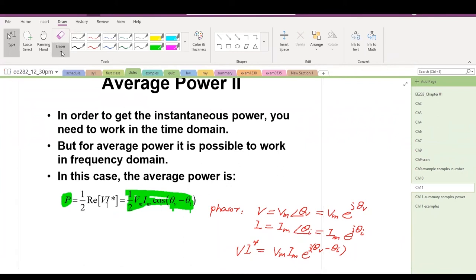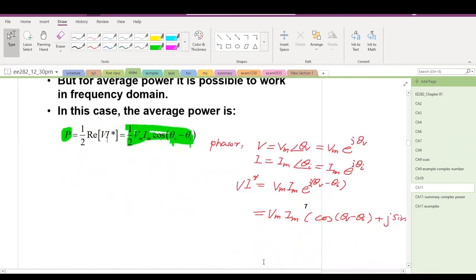Let's see how this is true. We know that in the phasor domain, V equals Vm angle theta V, that's the phasor, which equals Vm e to the power j theta V. And I equals Im angle theta I, which equals Im e to the power j theta I. If we look at V multiplied by the conjugate of I, that equals Vm multiplied by Im, and e to the power j(theta V minus theta I).